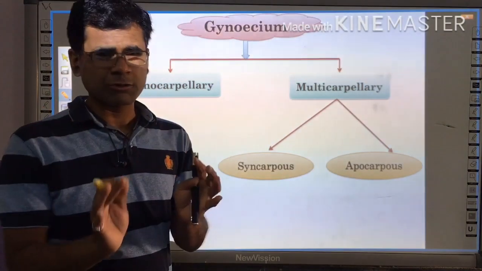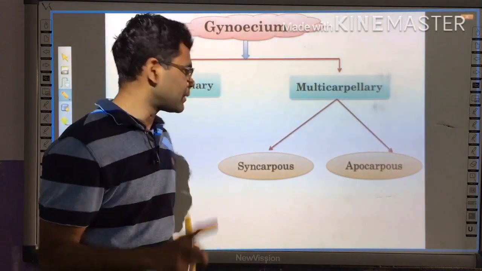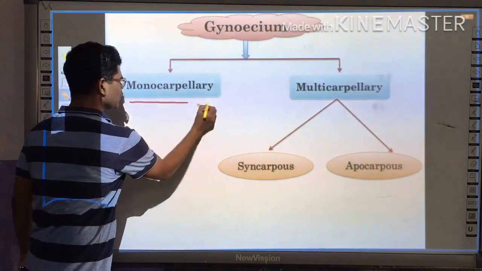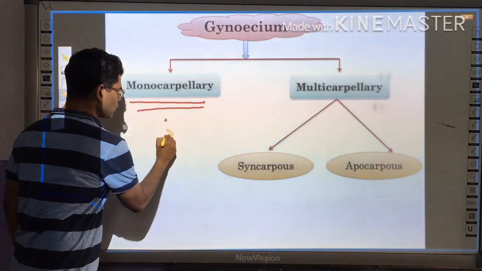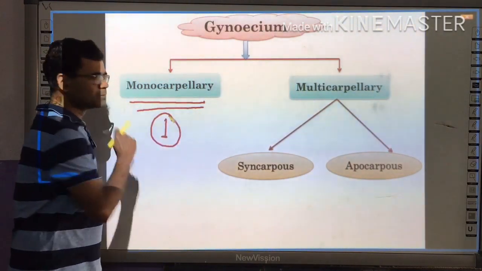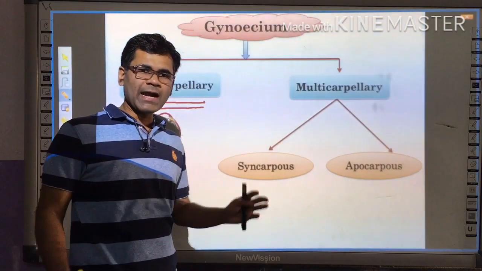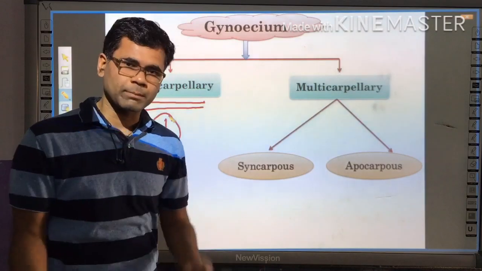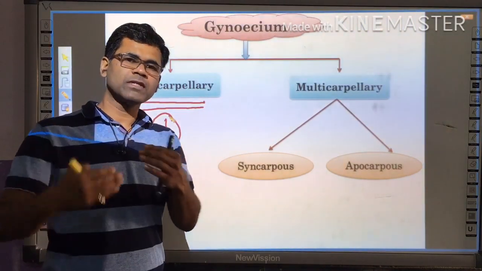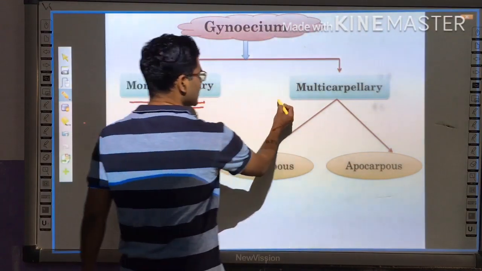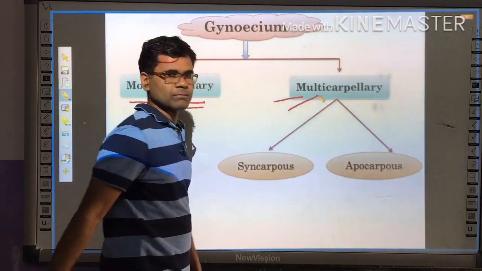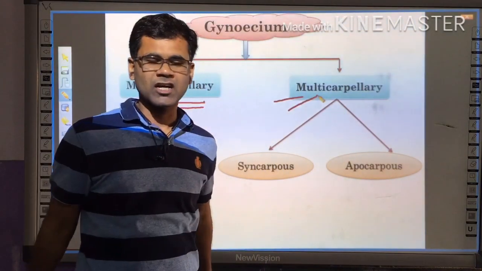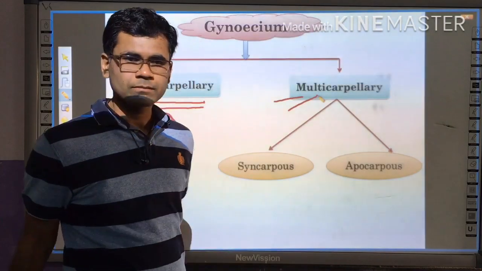If any gynoecium has only one carpel, it is called monocarpellary. That is only one carpel. And if any gynoecium has two or more than two carpels, it is termed multicarpellary. Multi means many, carpellary means carpels.